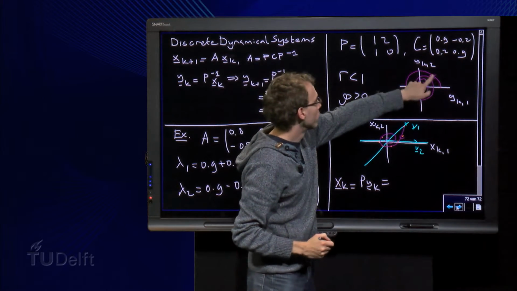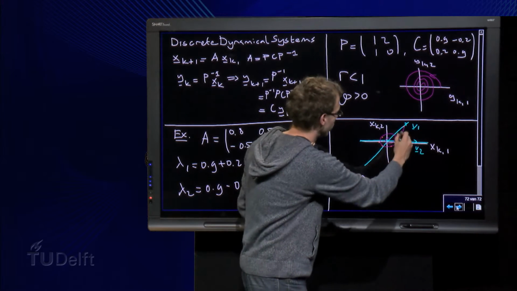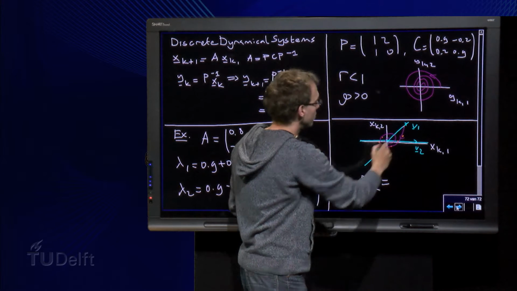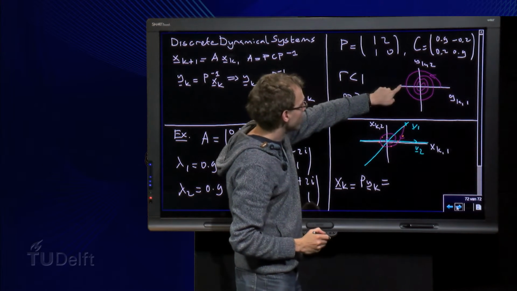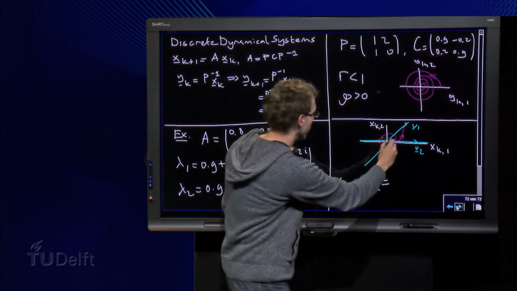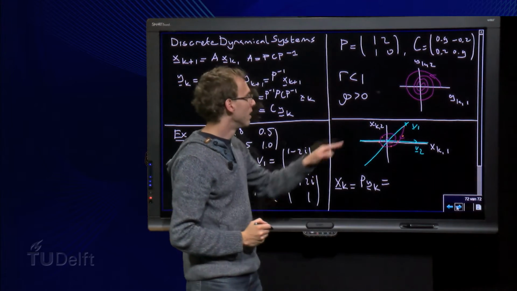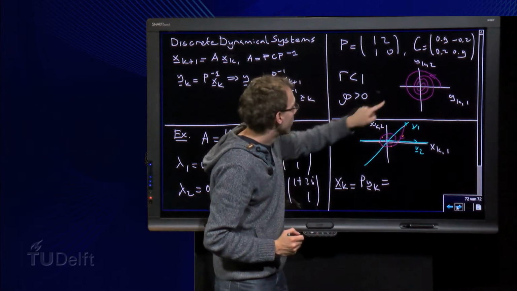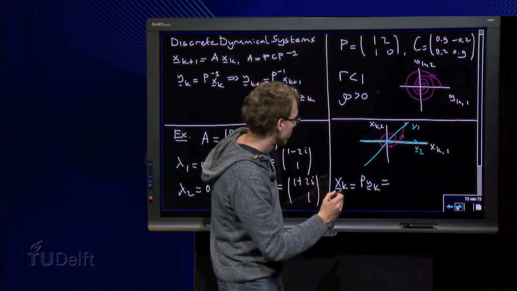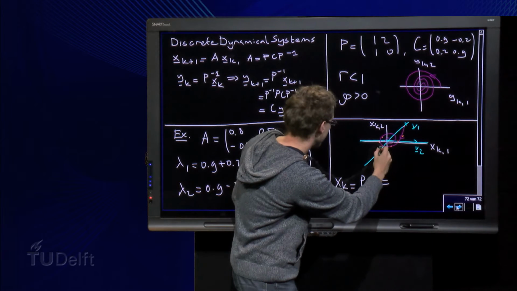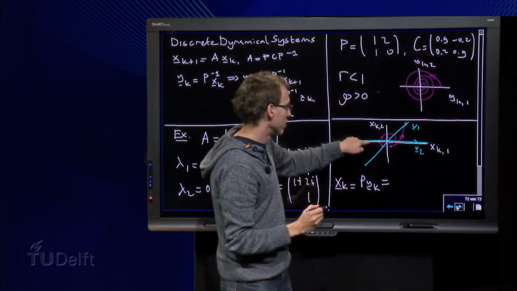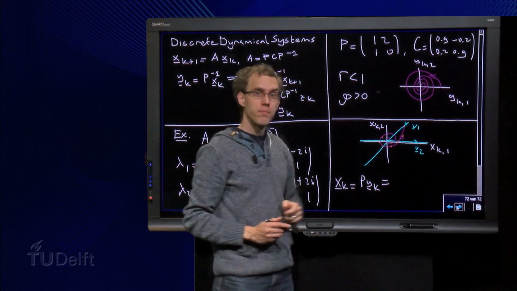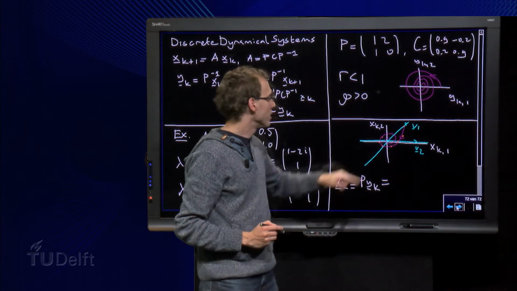We circle towards the positive v2 axis, then we continue towards the negative v1 axis, then we continue towards the negative v2 axis, etc., etc. So as you see, here we are circling counterclockwise, but due to the axes we are circling here clockwise.